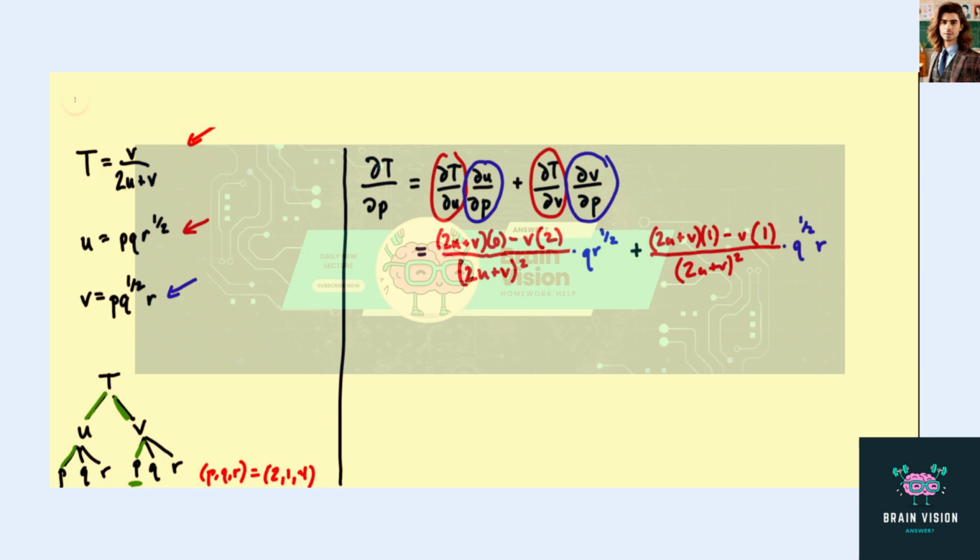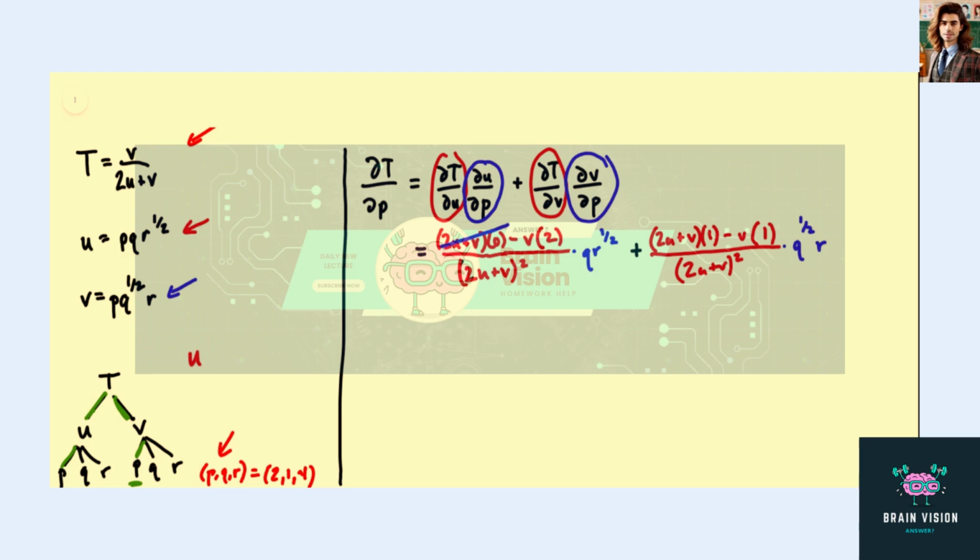If we just know what to plug in, we can notice this is 0. And what are we going to need? Well, we have q, p, and r values from this point down here. But we're also going to need u and v values at this point.